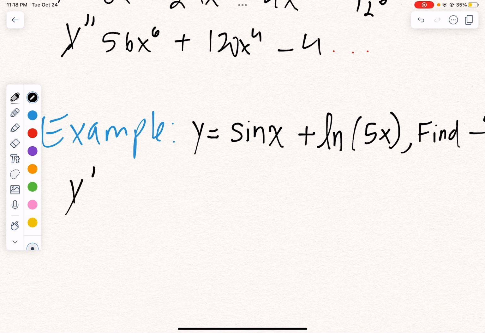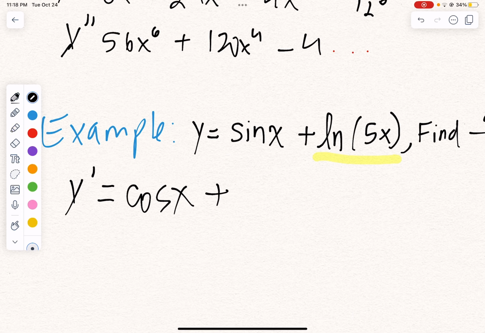Sine of x, that's just your basic memorization. That's cosine x plus natural log of 5x. And the natural log of 5x is definitely going to require some chain rule again, guys, because it's a composite function, there's inside, outside.